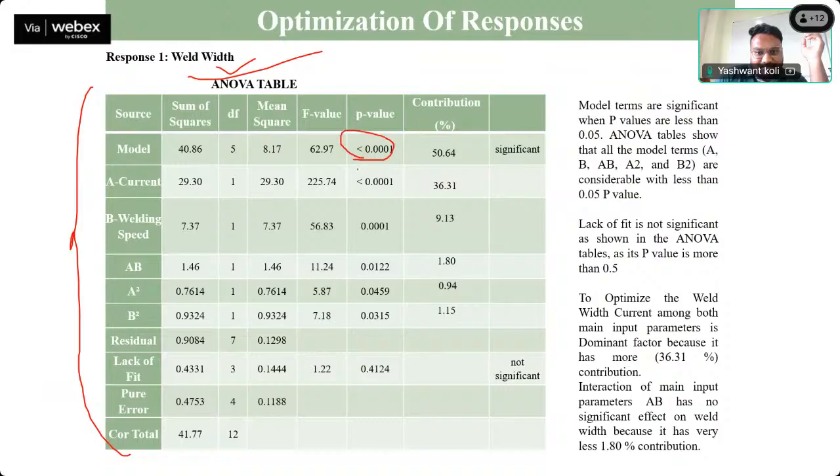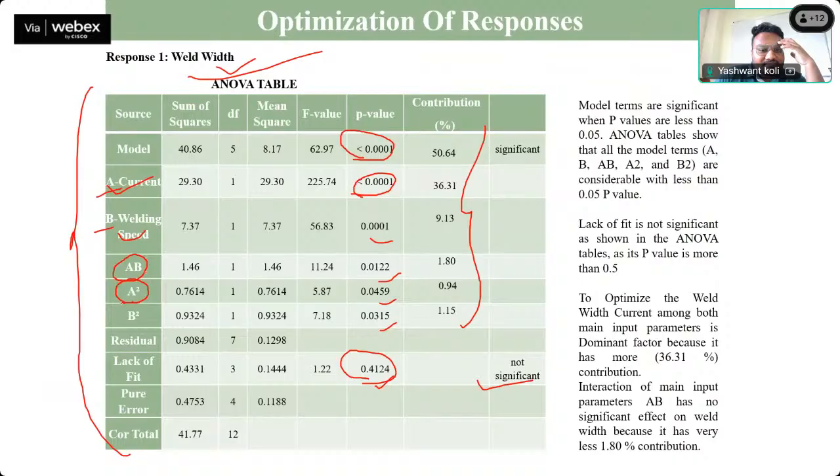There is an ANOVA table you can see, which the software is giving, and we have to check the p-value. If the p-value is less than 0.05, then all the factors are in range or significant. If it is more than that, it is not significant. So these are all significant factors: A, the current, B, the welding speed, then the combination of current and welding speed, then the square of current, then the square of welding speed.